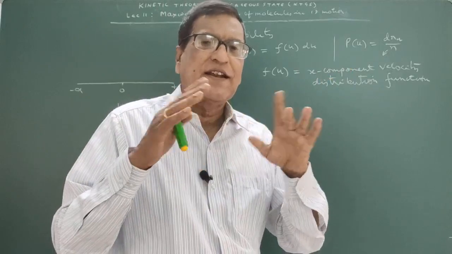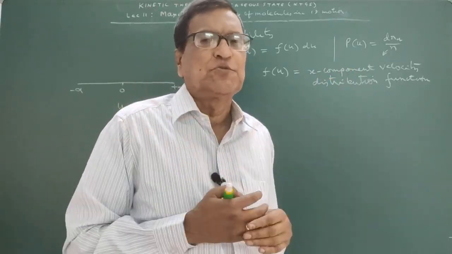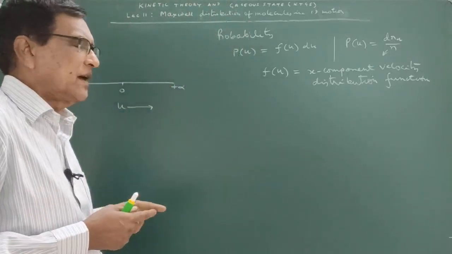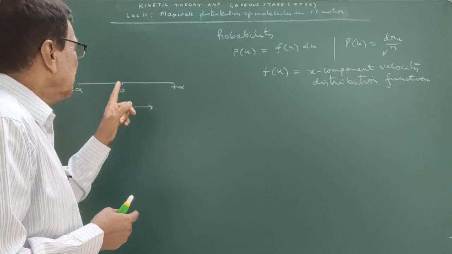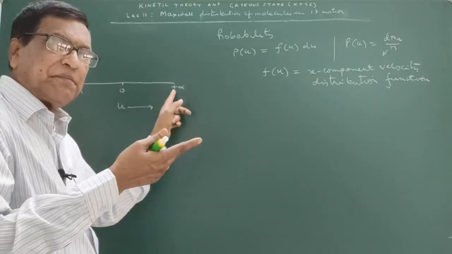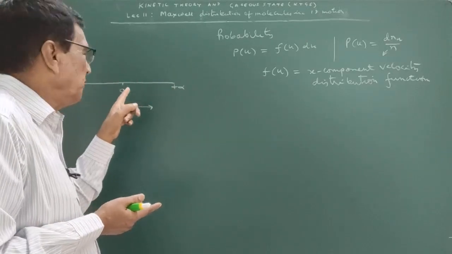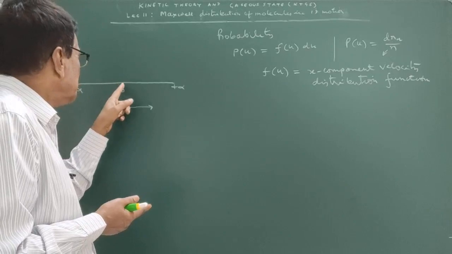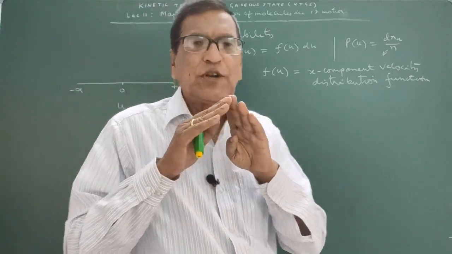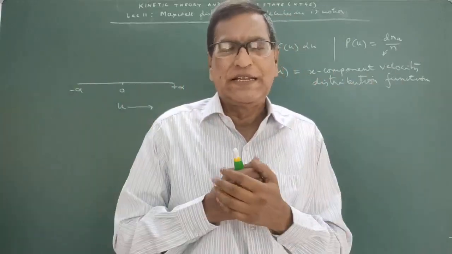We have discussed earlier, due to the isotropic nature of this motion, the probability of a molecule to have the velocity 0 to plus infinity will be the same as the probability of moving from 0 to minus infinity, which means the molecules will move in both directions with equal probability.